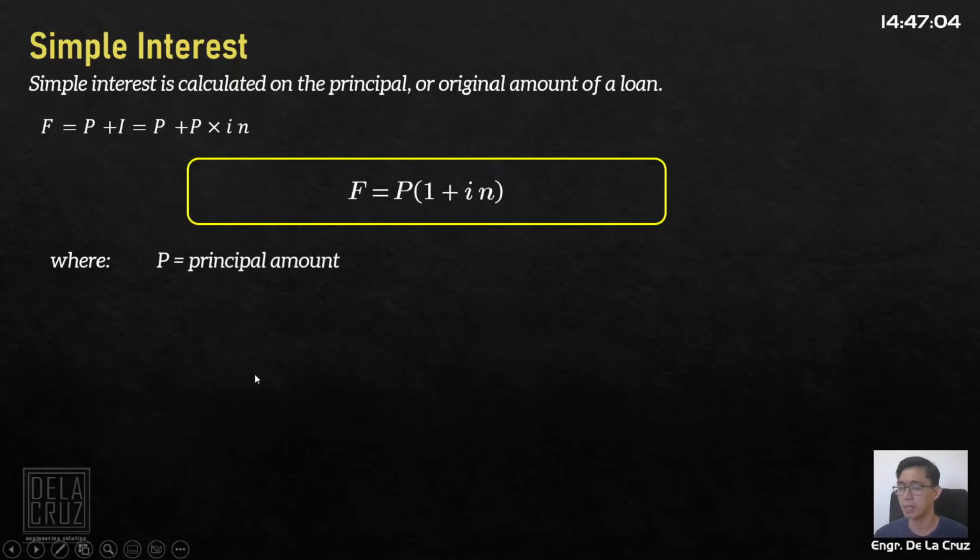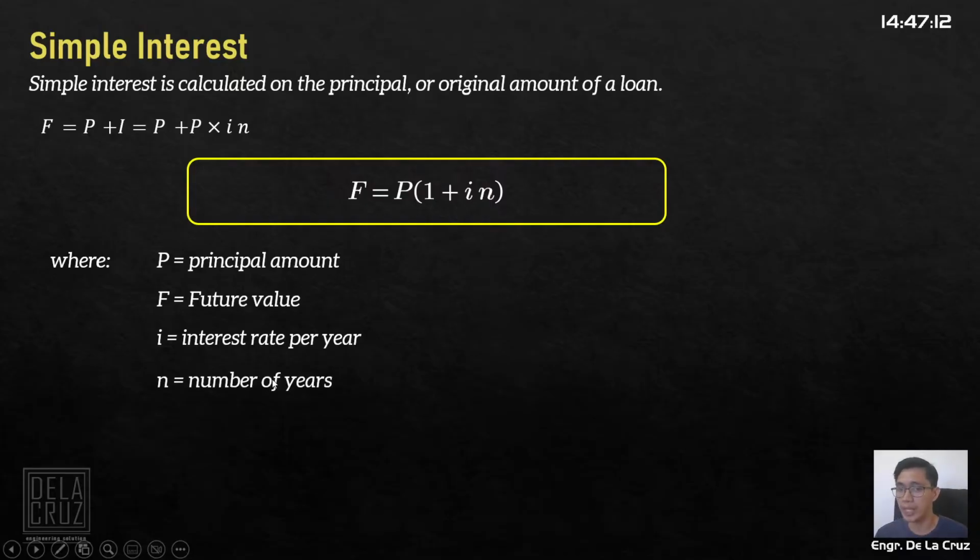P is the principal amount, F is the future value, I is the interest rate per year, N is the number of years, or pwede rin siya fraction of a year.